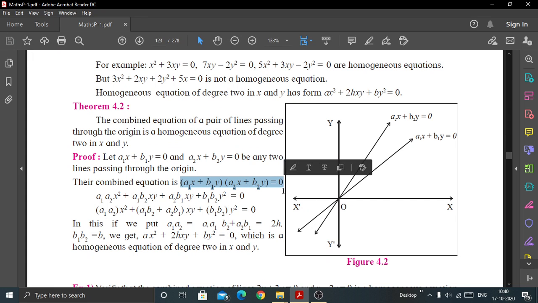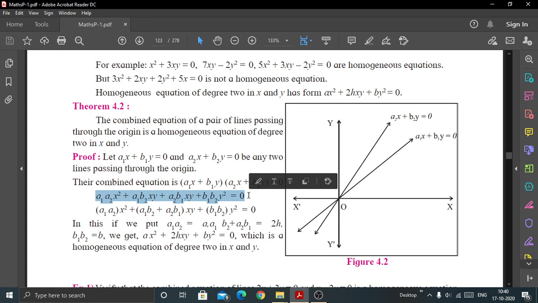So we can write here (a1x plus b1y) into (a2x plus b2y) equal to 0. By multiplication we get a1 a2 x square plus a1 b2 xy plus a2 b1 xy plus b1 b2 y square equal to 0.